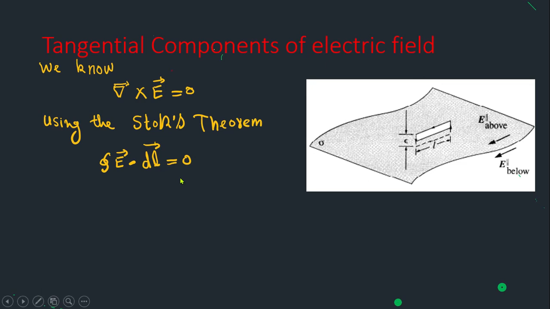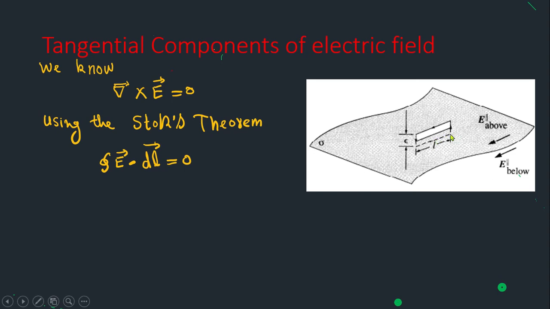Now we evaluate this closed line integral. So we must have a closed line. We take this closed line. This closed line has four sides. The upper side, these are the two sides, and this one is the lower side below the surface.